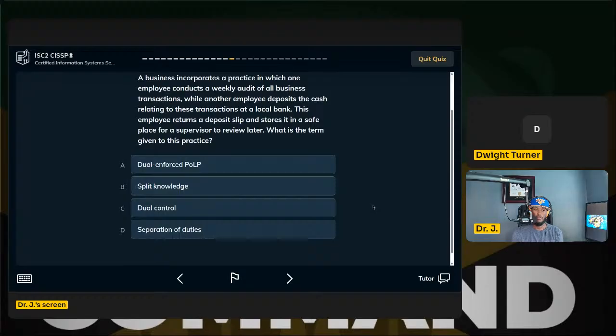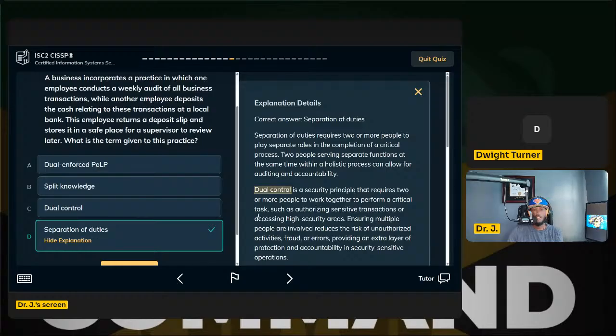This should be separation of duties. Yep. Separation of duties requires two or more people to play separate roles in the completion of a critical process. Two people serving separate functions at the same time within a holistic process can allow for auditing and accountability.